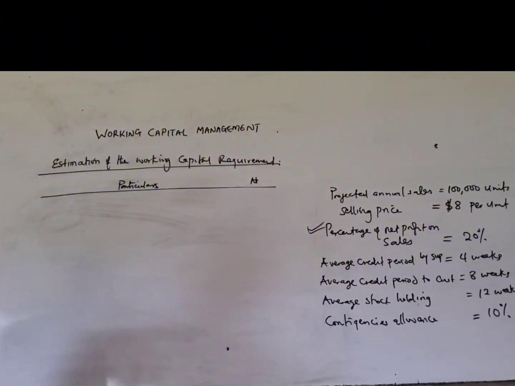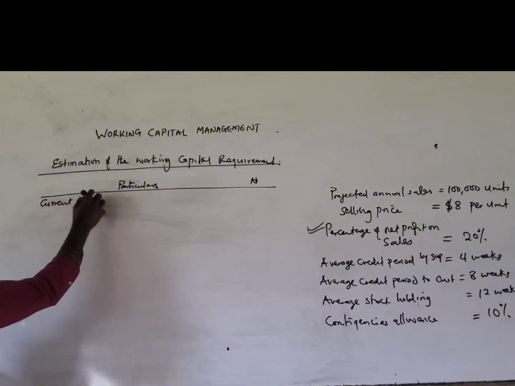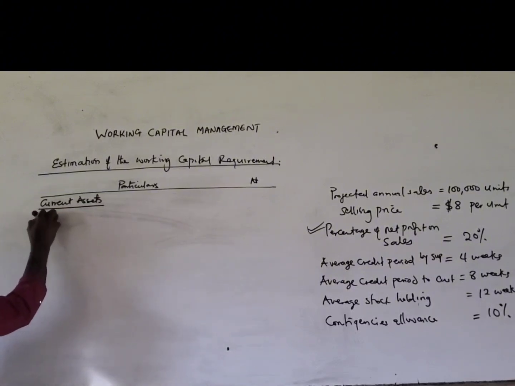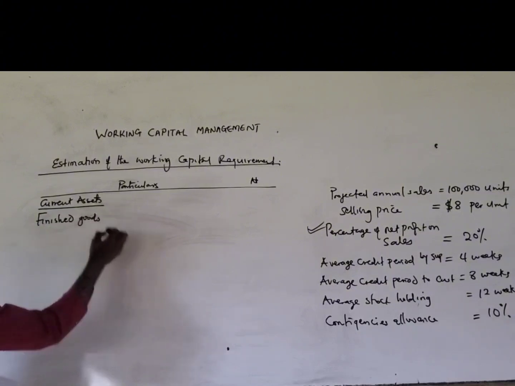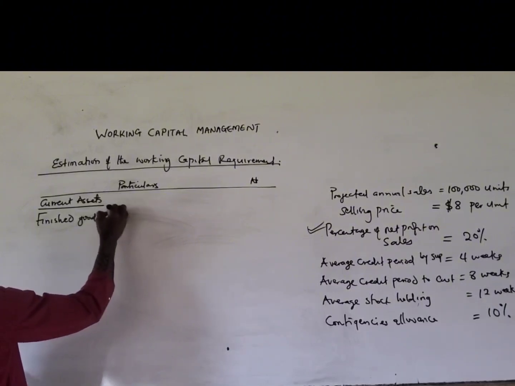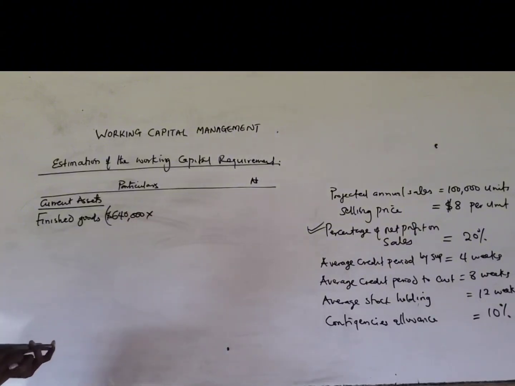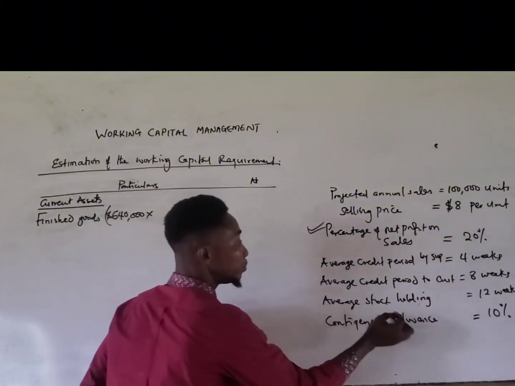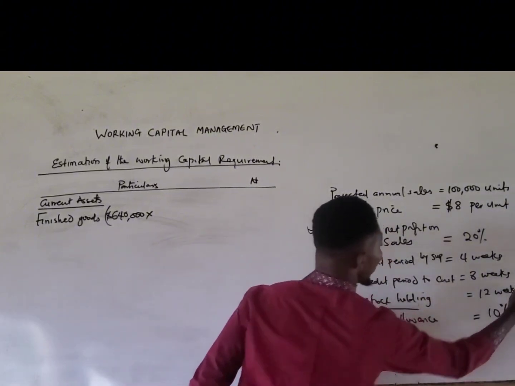Okay, so let's bring our current assets first. Under current assets, we have debtors, we have stock, which is finished goods. So finished goods in this case, since our amount is $640,000 times what's the average stock holding period? The average stock holding period is 12 weeks.